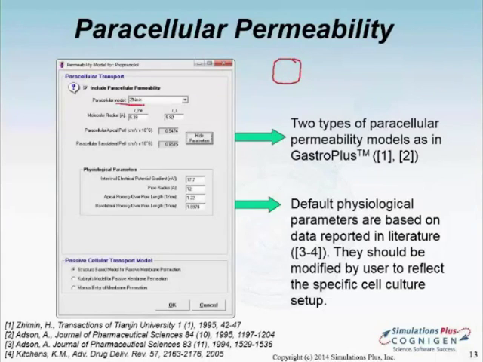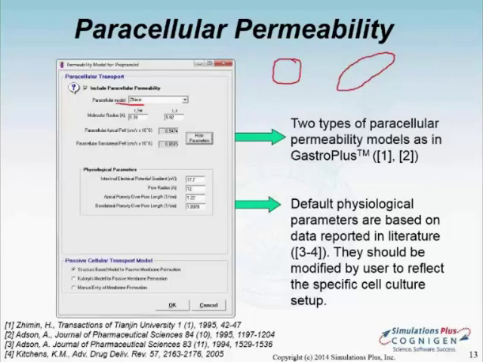The more detailed model is the Gemini model, which accounts also for shape of the molecule. So it accounts for differences between the spherical molecule or more ellipsoidal molecule, which may have the same molecular weight, but because of the different shape, it may fit to different sizes of the pores.